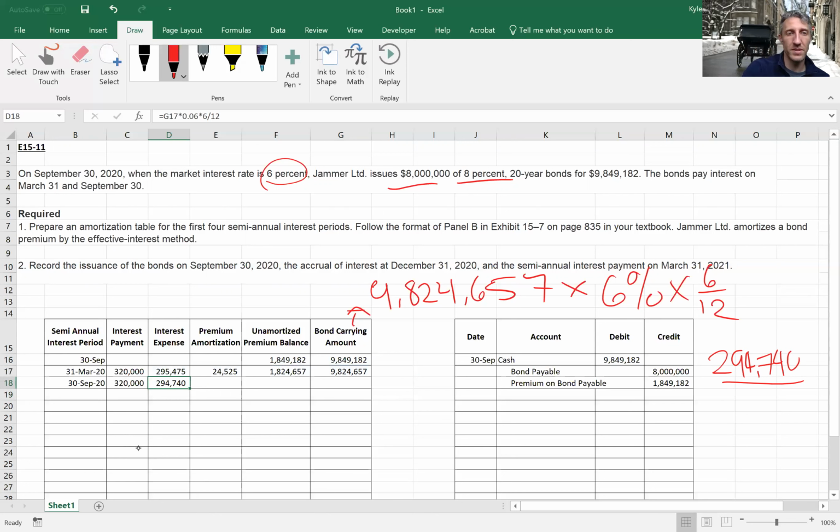And of course, these don't match the interest payment and interest expense. So what they need to do is amortize some of the bond premium, and the amount that they're going to do is 25,260, which means the unamortized amount is now decreased. So it also means the bond carrying amount is decreased.